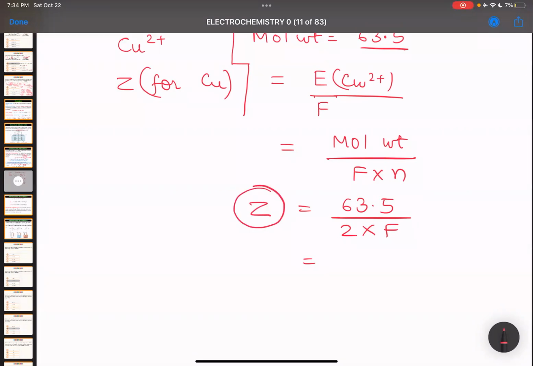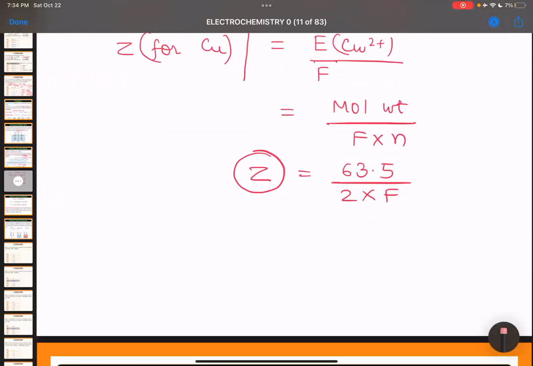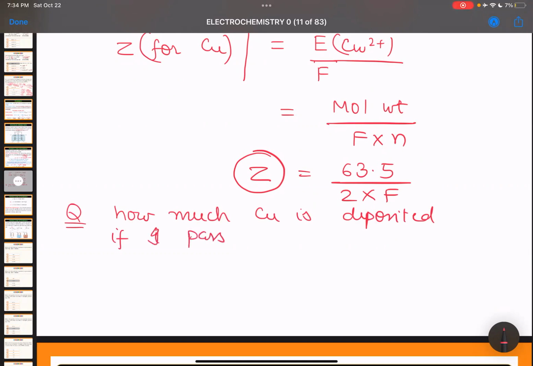Yes. So suppose I give you how much copper is deposited, if I pass 2 ampere current for 5 seconds.